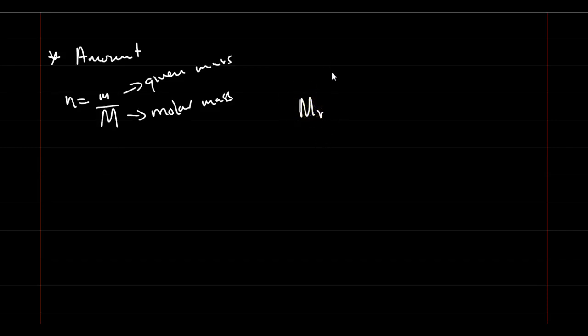For example, if we have calcium carbonate and we want to calculate its molar mass, we check the periodic table for the atomic mass of calcium, of carbon, and of oxygen, and we look at how many oxygens we have.